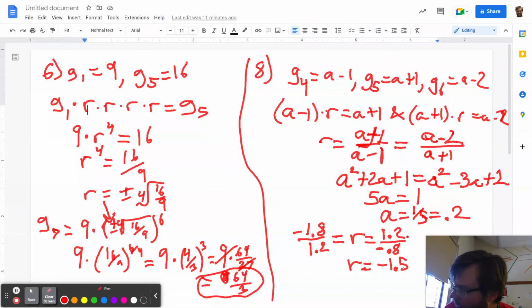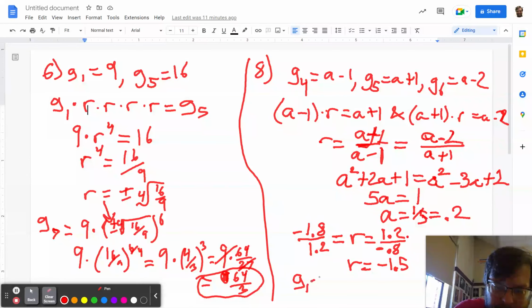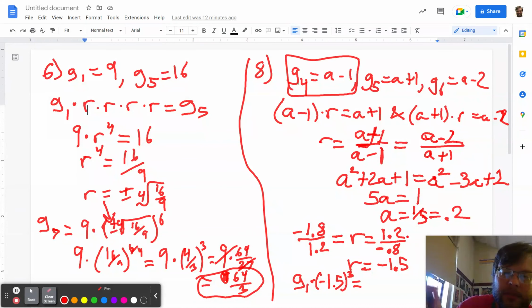And we want to find the first term. So we know that the first term times r to the third is going to equal the fourth term. And the fourth term is a minus 1. Remember, that was from our original assumption.